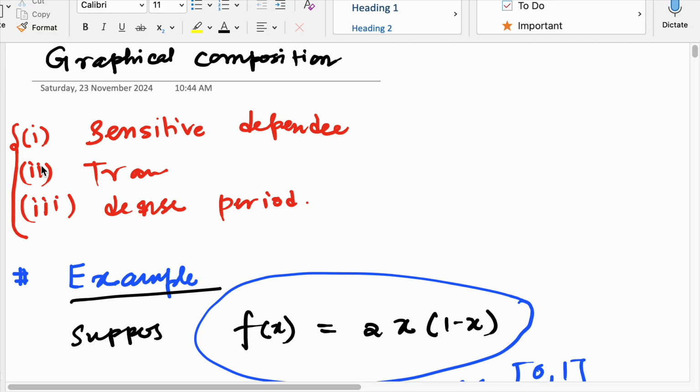First of all, the sensitive dependence: we want to prove mathematically that the logistic equation for the parameter value equal to 4 is sensitively dependent on all initial conditions, and that there is transitivity, and that it also contains dense periodic orbits.